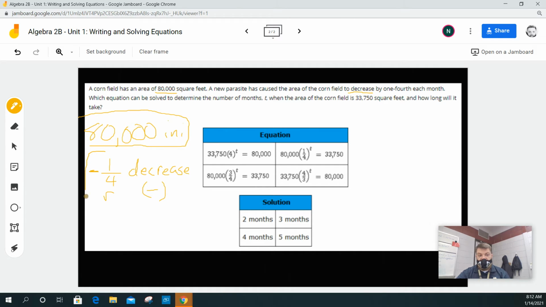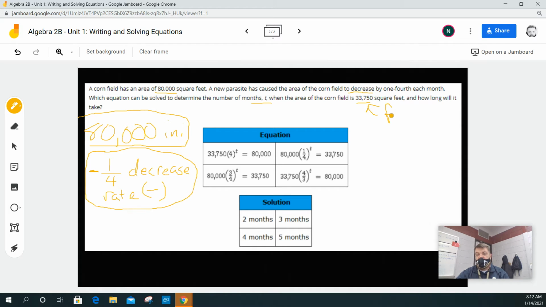So let me group these so there's no confusion. Then it says, which equation can be solved to determine the number of months t, that's the time, when the cornfield is approximately 33,750.